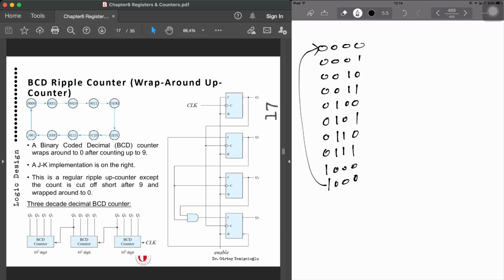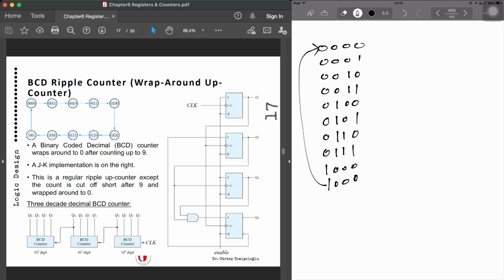Now, as Q1 is triggering Q2, Q2 is going to complement every time. So how is that going to happen? As Q1 goes from 1 to 0, and as long as Q8 prime is coming in to the J, and K is coming down as an enable for all of those, okay?